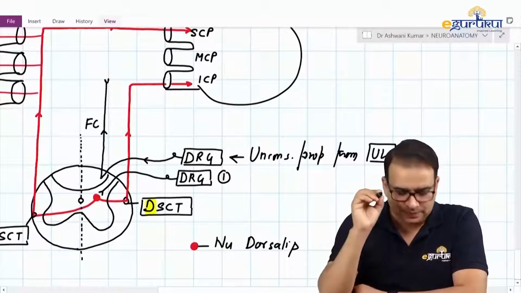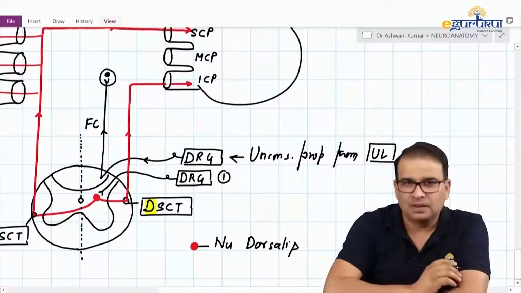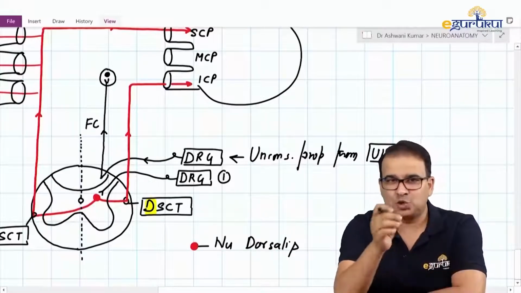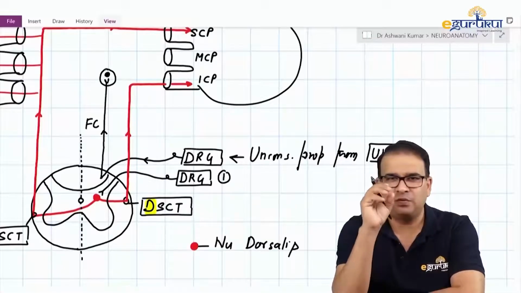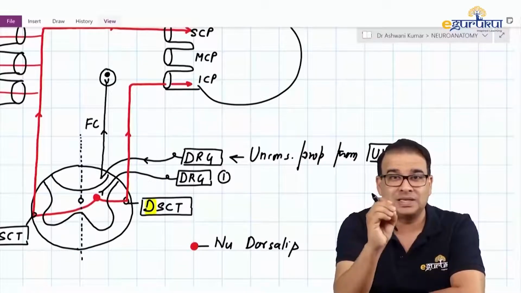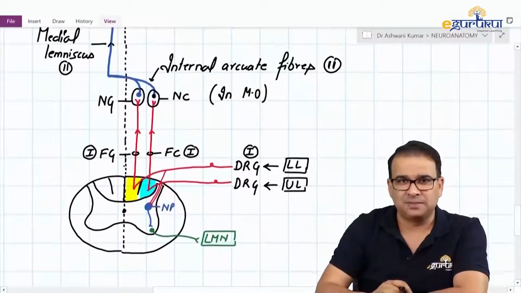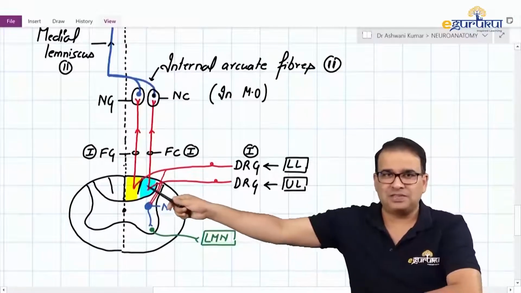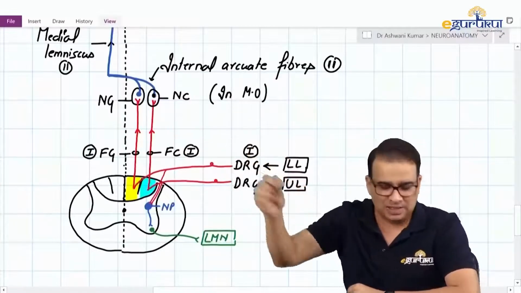So, what happens is, in the medulla oblongata, there is a nucleus present for this tract, and that nucleus, before I tell you the name of this nucleus, I should show it to you in the previous picture. That nucleus is present very, very close to nucleus cuneatus. Just look here, guys, for 1 second. Look at this tract we discussed here. When we're talking about the previous tract, we said fasciculus gracilis and cuneatus will go into medulla oblongata, into nucleus gracilis and nucleus cuneatus.